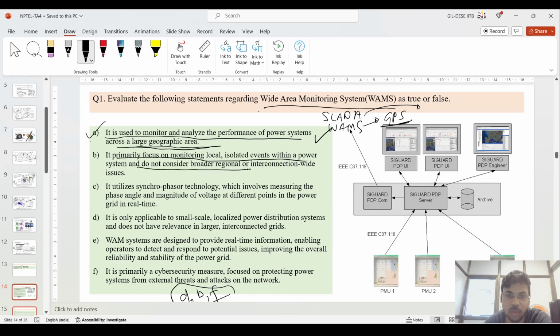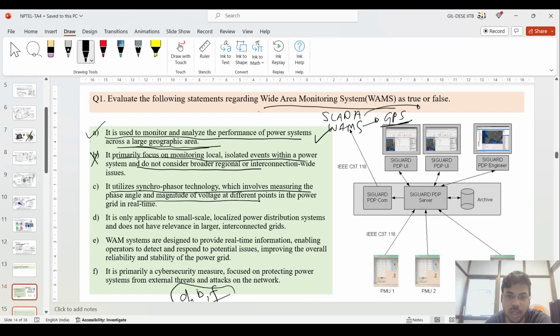Okay. Coming to the B part, it primarily focuses on monitoring local isolated events within a power system and does not consider borders. That is false. False in what sense? If the first one is correct, then B is false because it will monitor the large geographical area.